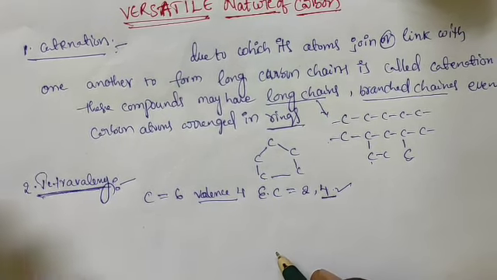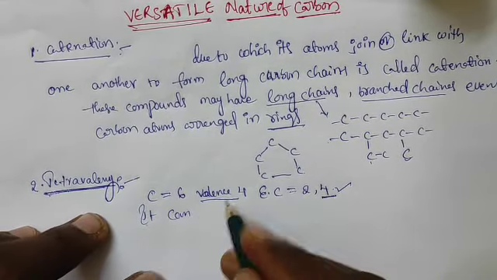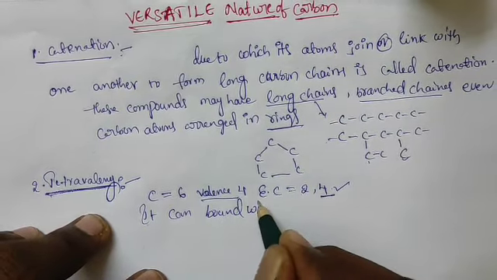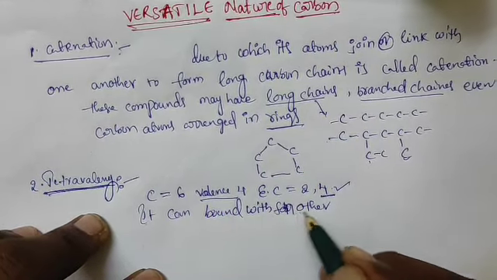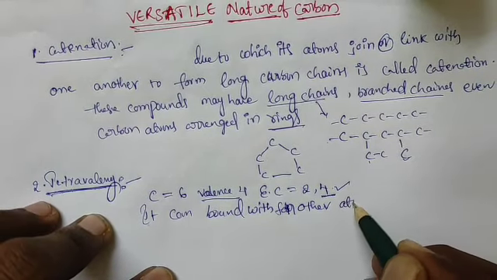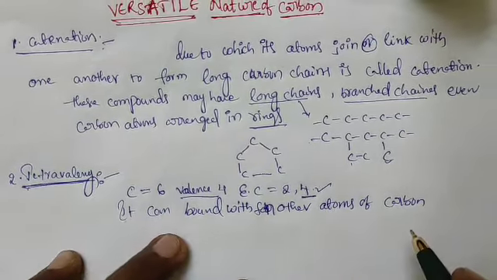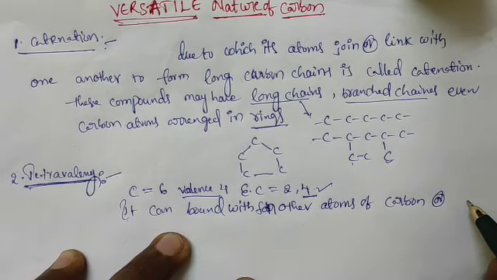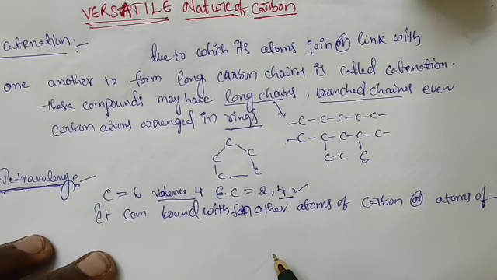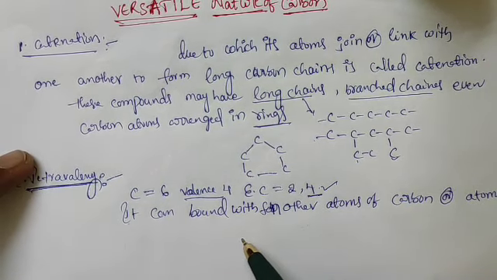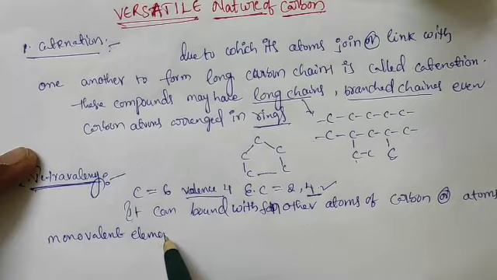A carbon atom can bond with 4 other atoms of carbon, or with 4 atoms of monovalent elements.